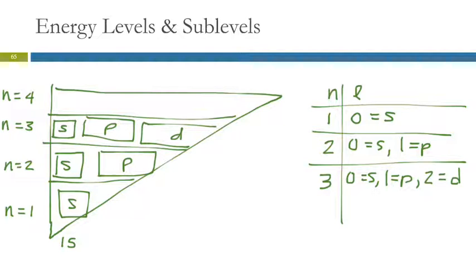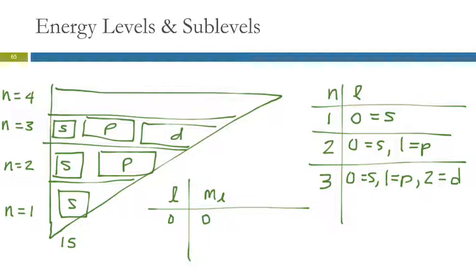Well, then we had m sub L, right? So if L equals 0, then m sub L is minus L to plus L, including 0, so m sub L has to be 0.